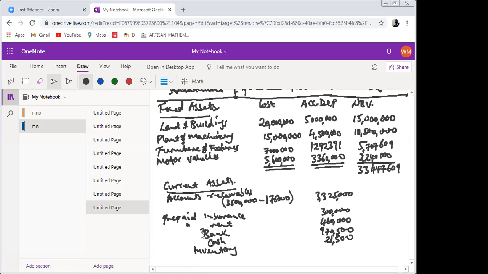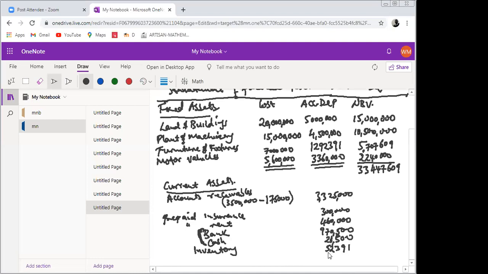But when you are preparing your statement of financial position, these two should appear last. Inventory should have come on top of them because it is more fixed. It is actually going to remain in the business more than them. They should always be the last current assets. But let me insert it here. It is 52,391.